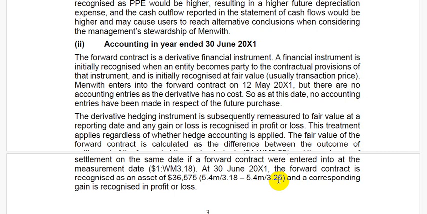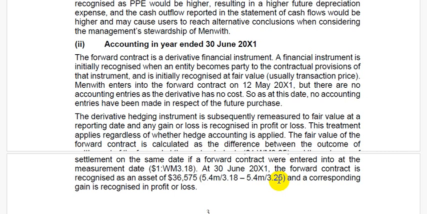If you divide 5.4 divided by 3.25, we pay 1.66 million US dollars. 5.4 divided by 3.1, 1.69. 5.4 divided by 3.25, 1.66.